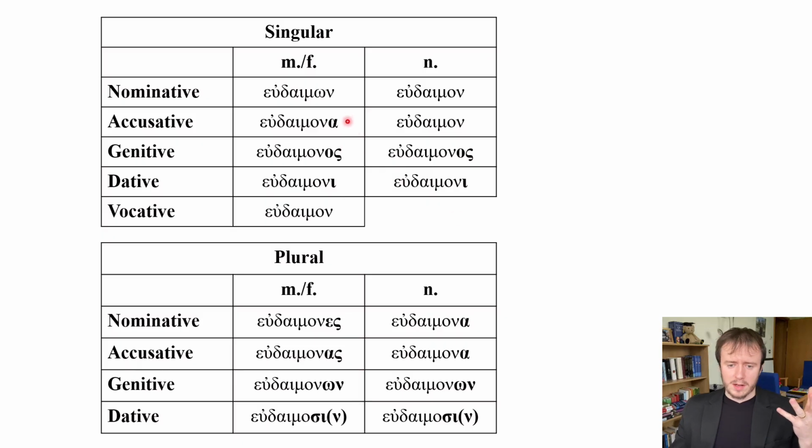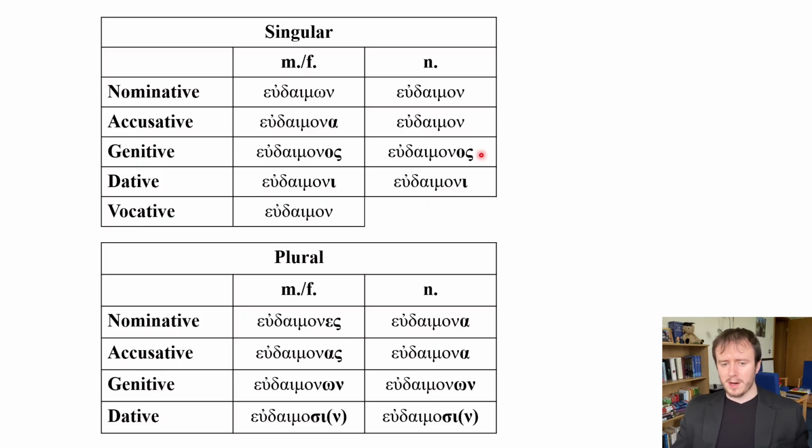Now we know this masculine/feminine set of endings as being used in the declension of 3a nouns, like ἀνήρ. For instance, ἀνήρ goes ἀνήρ, ἄνδρα, ἀνδρός, ἀνδρί, etc. And we know this neuter set of endings here as being used with 3b nouns.